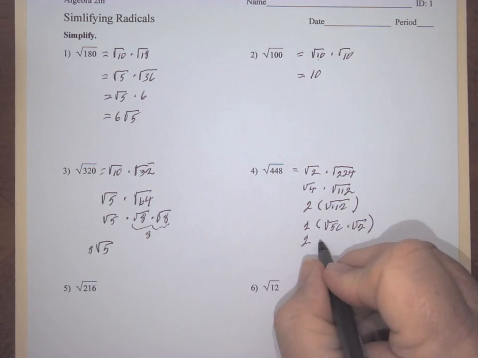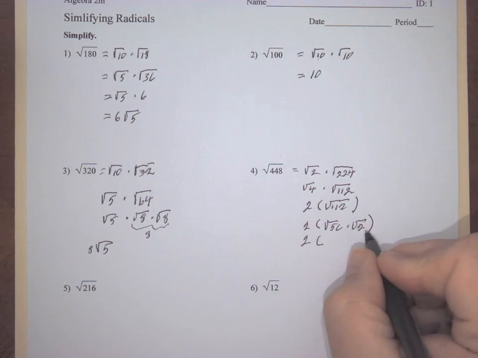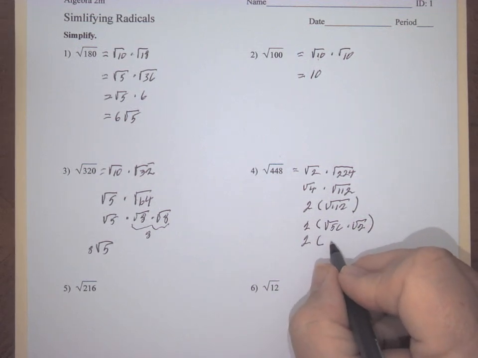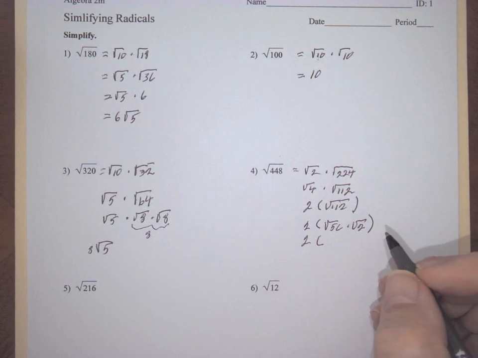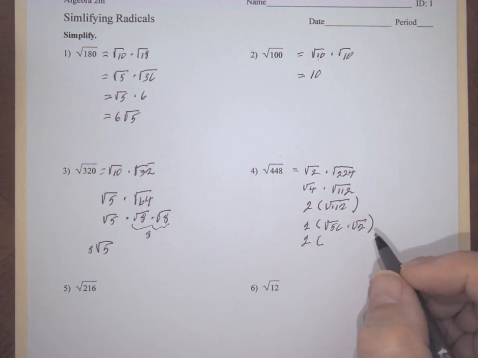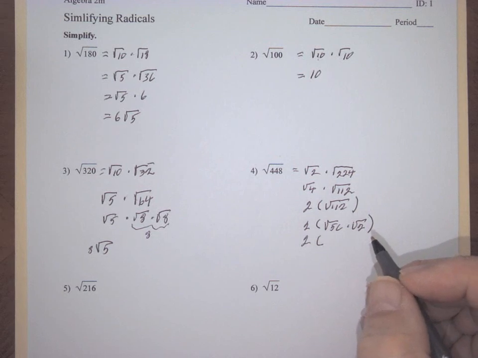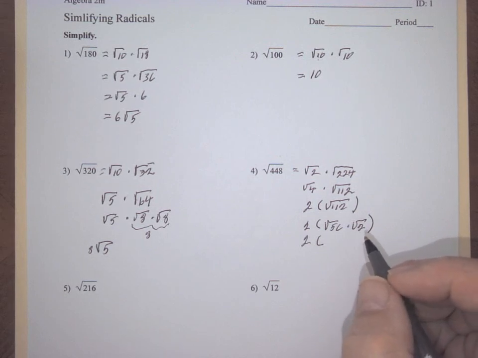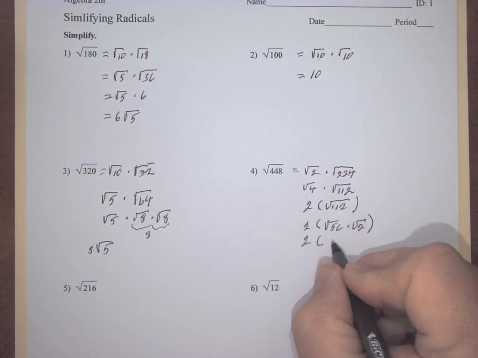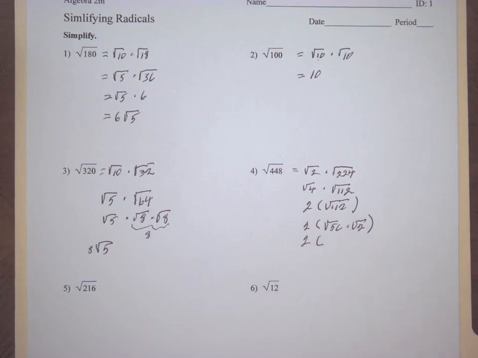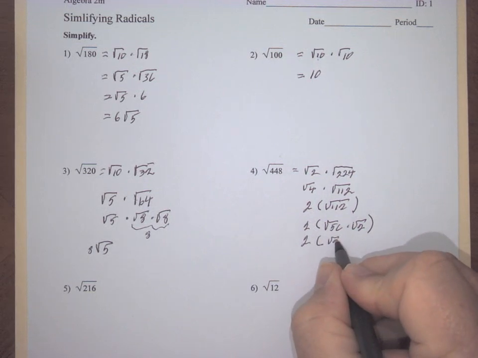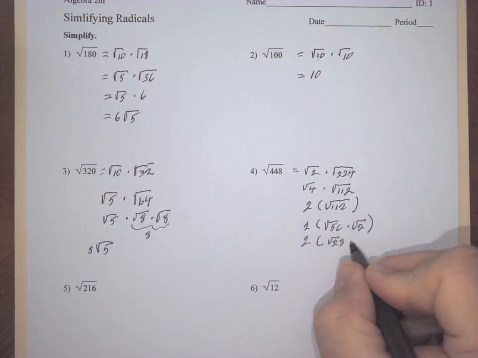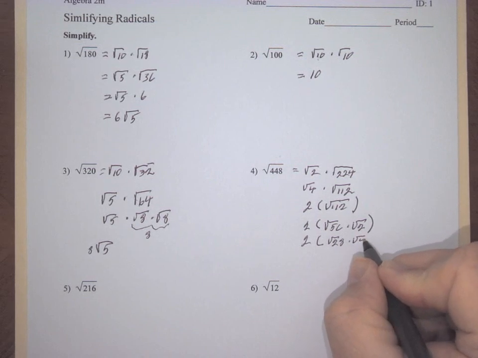We'll take 2 times, and we're going to split this one now. We're going to say this is equal to 2 times the square root of, if we divide 56 by 2, we get 28. That is equal to the square root of 28 times the square root of 4.